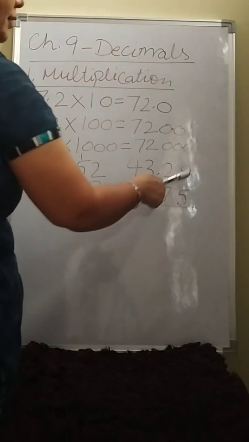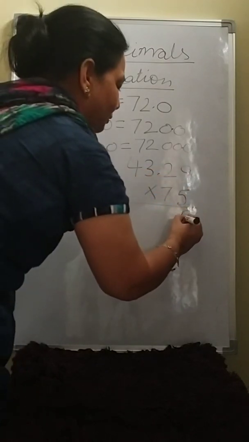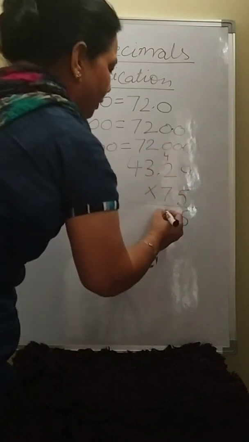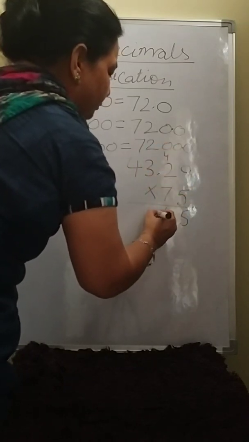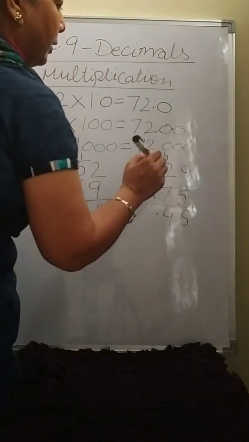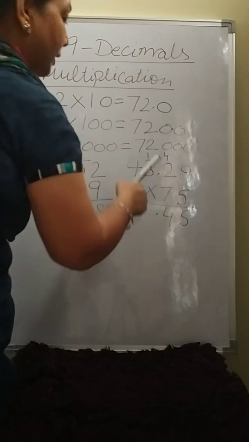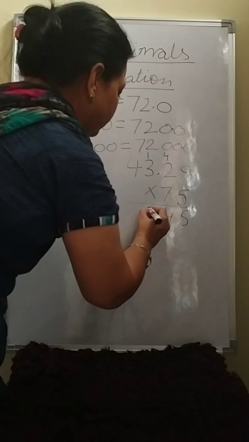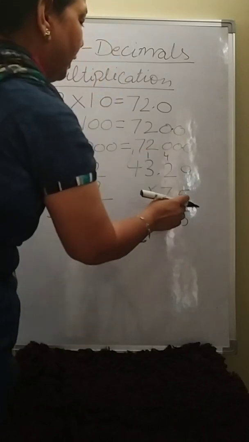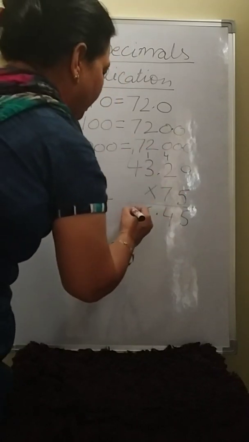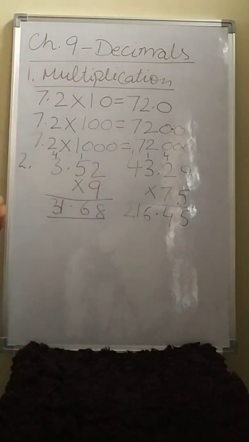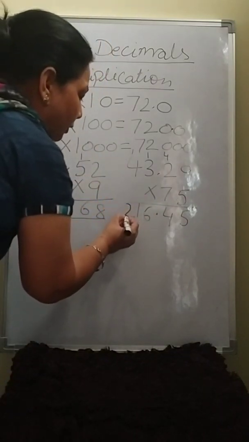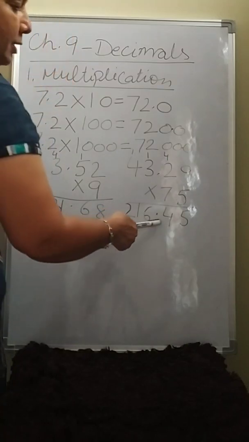So 5 9s are 45, 5 here, 4 here. 5 2s are 10 and 4 is 14, 1 here. Then 5 3s are 15 and 1 is 16. 5 4s are 20 and 1 is 21. The method of multiplication is the same. Only you have to see the place of the decimal.